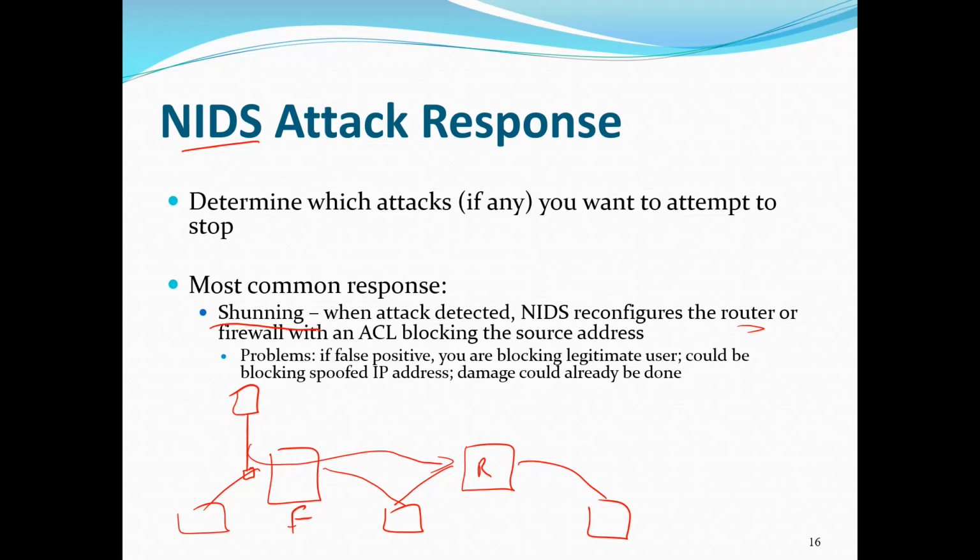So even if you block it going forward, the damage could already be done, right? Because remember, we're talking about not intrusion prevention systems, where, again, I can't stress enough, the problem is that you can't spend even a fraction of a second more on a packet that's going into the network, because you're slowing down your entire traffic. And that's very problematic.